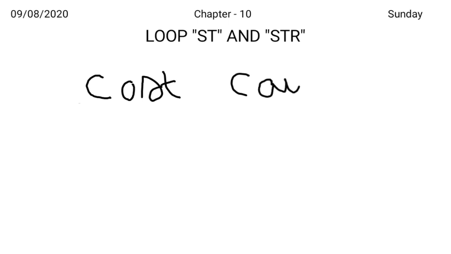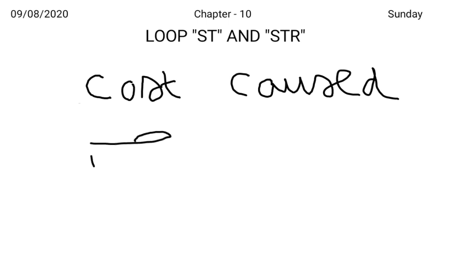Now you see these two words, cost and caused. So I told you that finally ST loop represents both ST and SD. Here in this case, if you apply ST loop, what happens?